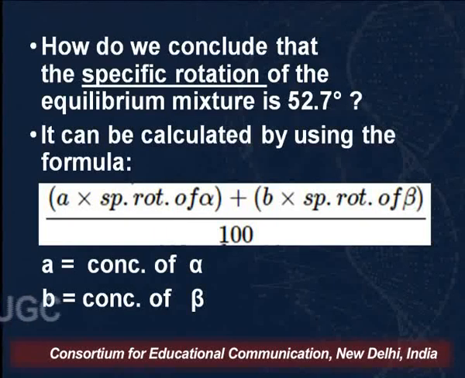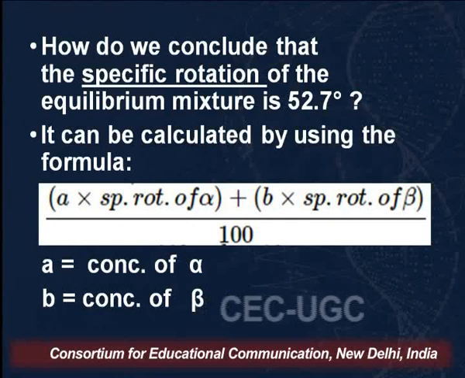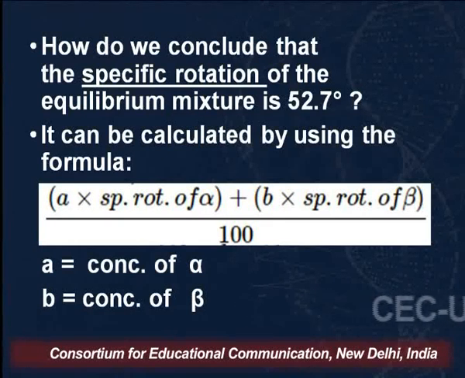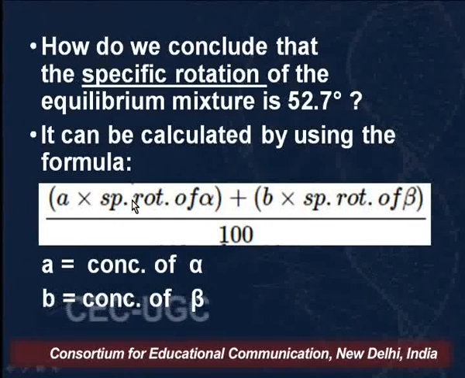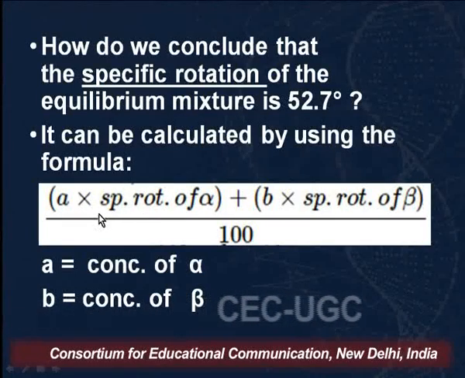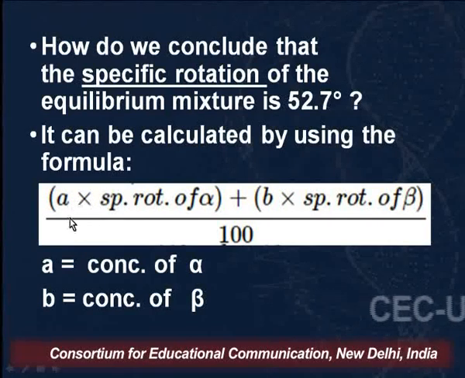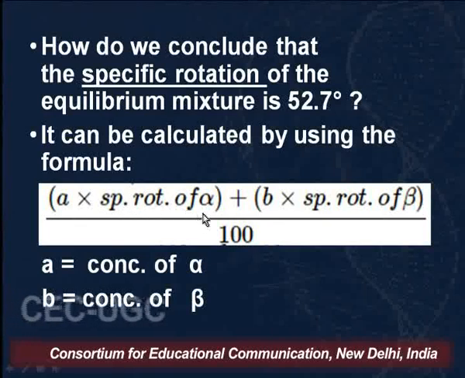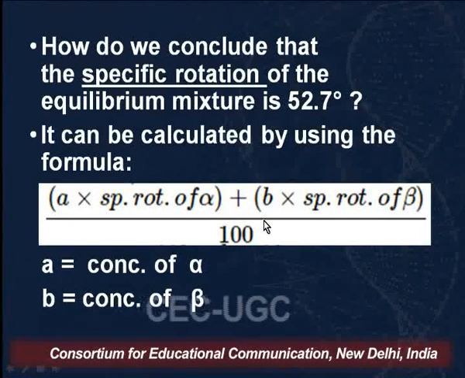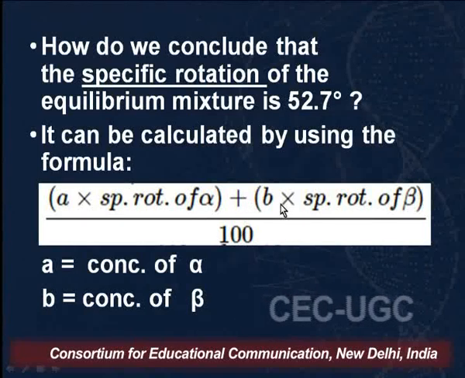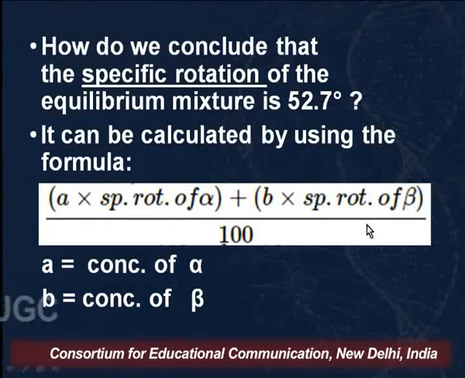Now the question can be, how do we conclude that the specific rotation of the mixture is 52.7? We can find the specific rotation of the equilibrium mixture using this formula, in which A is the concentration of the alpha form, which we multiply by the specific rotation of alpha, plus B, the concentration or amount of the beta form, multiplied by the specific rotation of beta, and then we divide by 100.